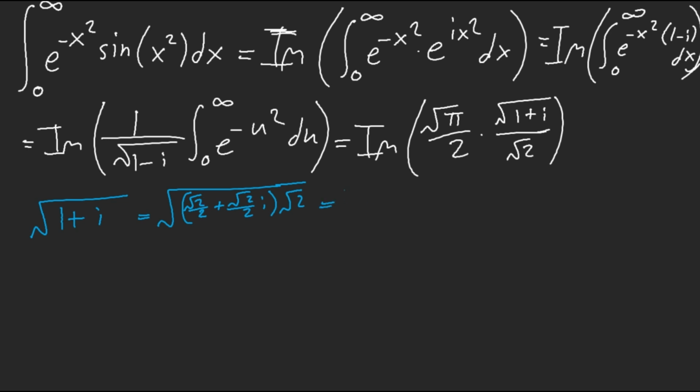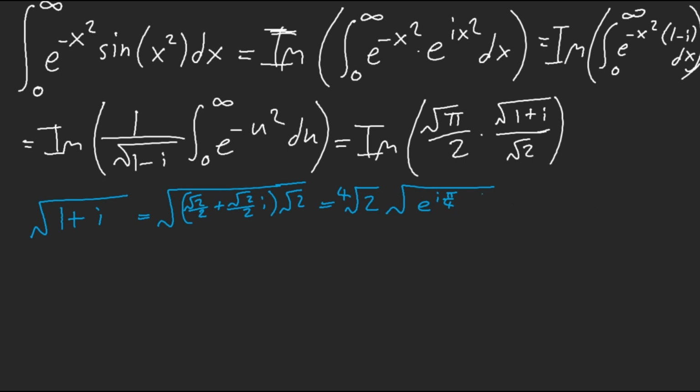But what I'm doing is now this becomes like cosine of pi over 4 plus I times sine pi over 4. So now we have e to the I pi over 4, like that. So much better.